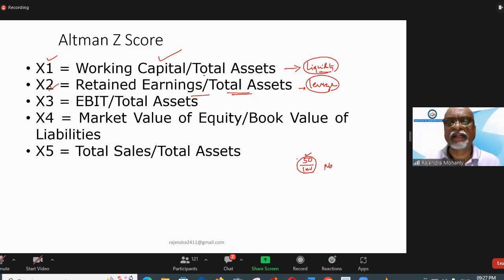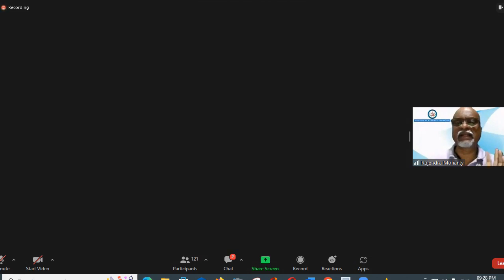So when the retained earnings are more, you are relying less on debts, meaning outside borrowings are less. A low ratio means the company is funding the assets from more borrowings, so your debts are more. When the retained earnings are more, you are dependent on less borrowings. That's why retained earning means good. So this gives us that leverage.